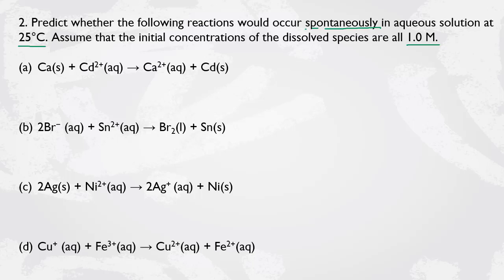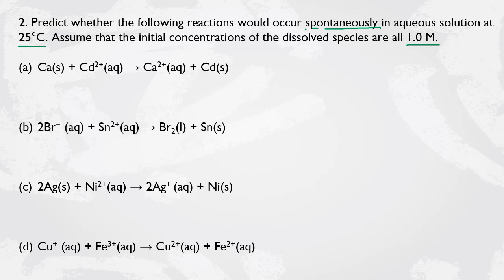So we have 3 conditions altogether. If the value is greater than 0, the reaction is spontaneous. If the value is equal to 0, the reaction is at equilibrium. And lastly, if the value of E-note cell is less than 0, the reaction is non-spontaneous.